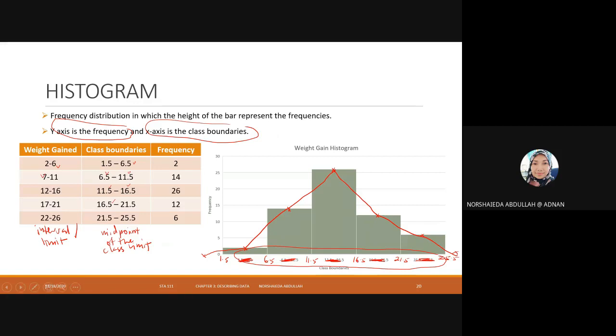For example, for this data, we can see that most of the data dekat center ni. Okay, most of the data value tu dekat tengah-tengah area tengah tu. Okay, maksudnya most of the data between 11 to 16, alright?